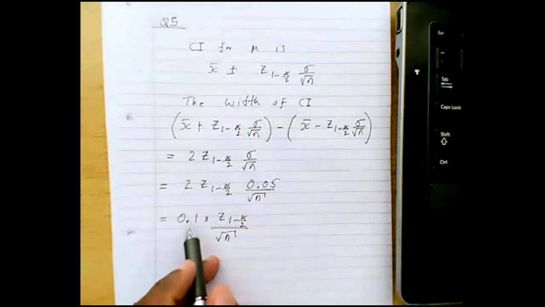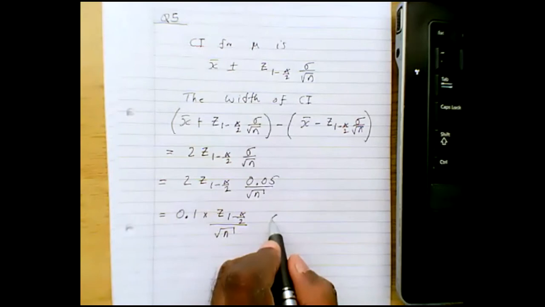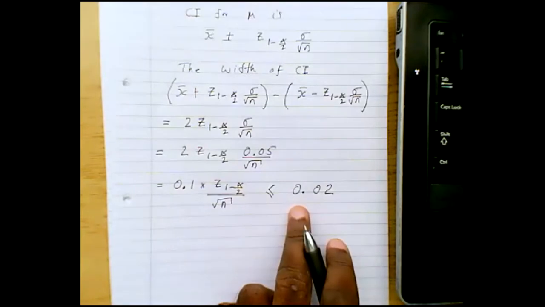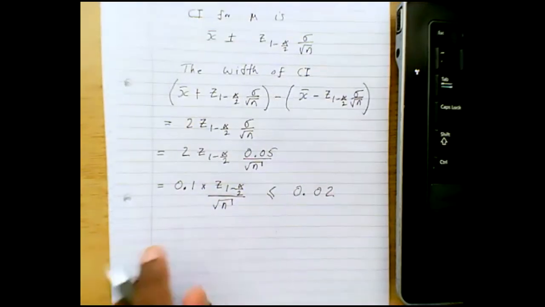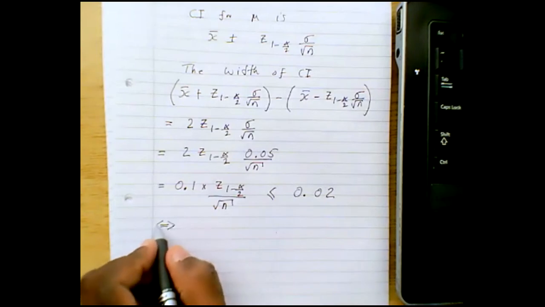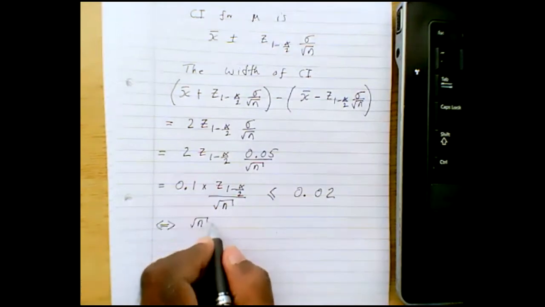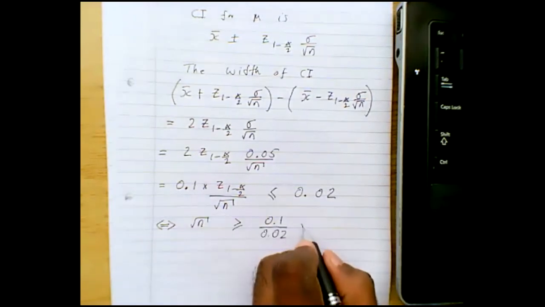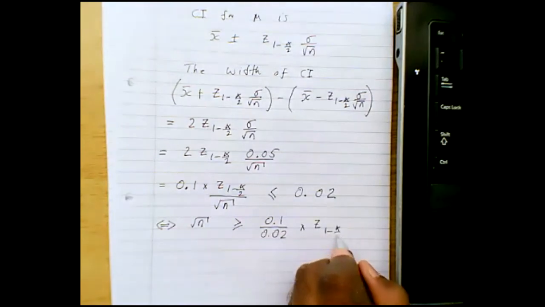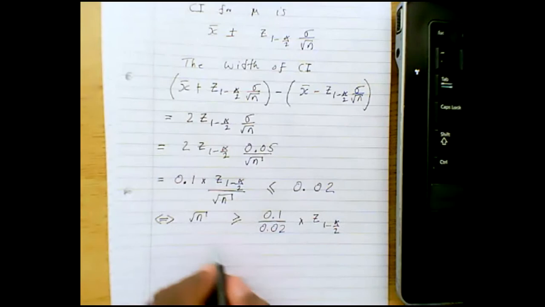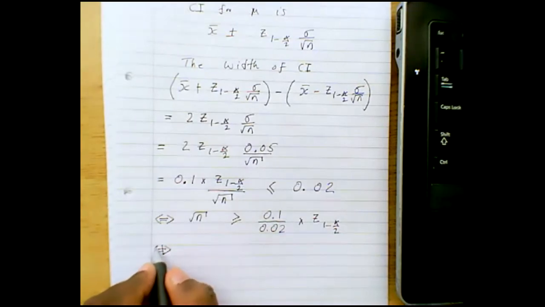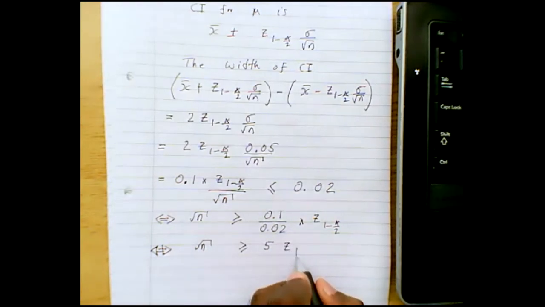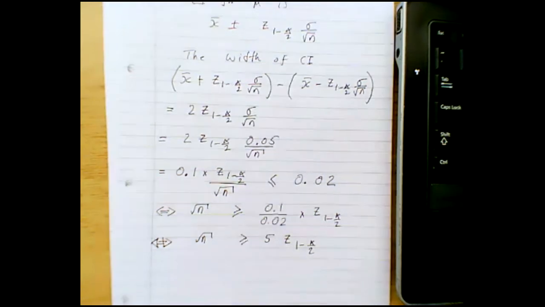Okay, so they want the width not to exceed 0.02, which means it must be less than 0.02, right? This expression here must be less than 0.02, which is the same as saying that root of n must be greater than 0.1 divided by 0.02 multiplied by z. So the root of n must be greater than or equal to 5 times z.